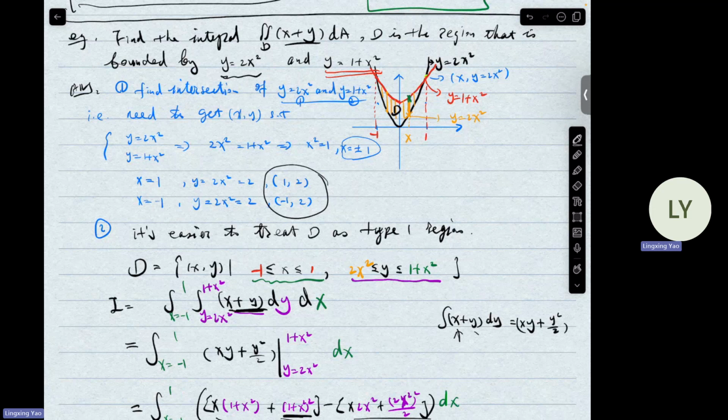Those two points give us the interval the x variable takes values from, and it also tells us how to determine the lower and upper bounds of the y variable if we treat this as a type 1 region. So there are quite a few things that we need to practice, and hopefully this makes sense to you, and you can start from here by practicing. Okay, let's just pause and we'll continue a little bit later.